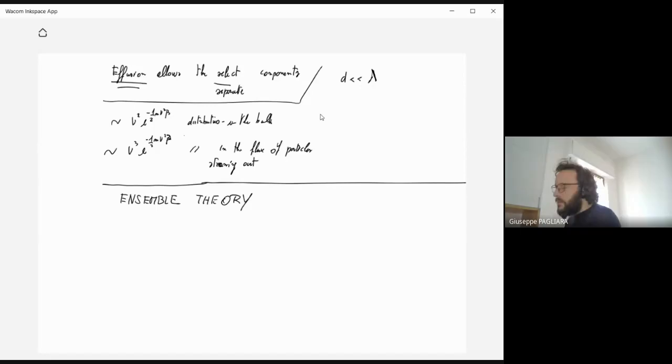The ensemble theory is basically the construction of statistical mechanics thought by Gibbs. Okay. And the idea is the following.